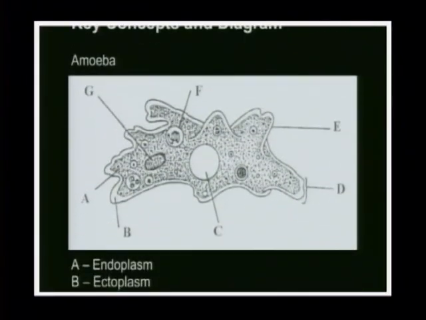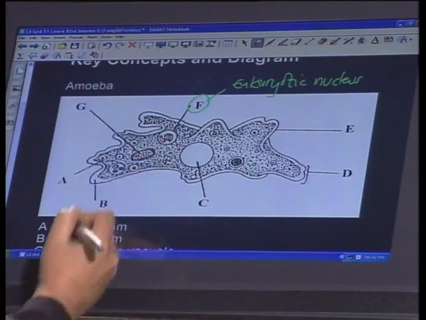Let's look at our example of the amoeba in a little more detail. Here is a schematic diagram to show you what an amoeba looks like structurally. Let's examine this diagram. First of all, you can see at part F, there is our properly developed nucleus. This, remember, is a eukaryotic nucleus because you can clearly see the nuclear membrane around the nucleus.